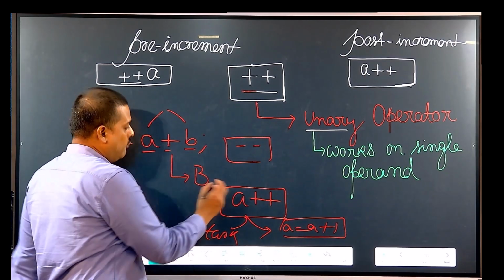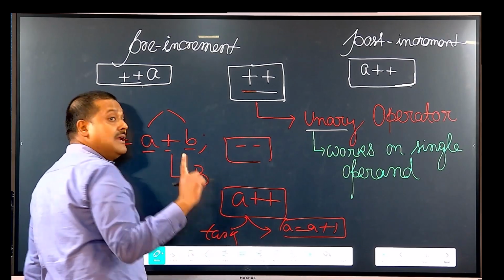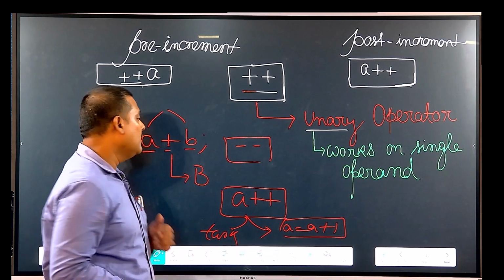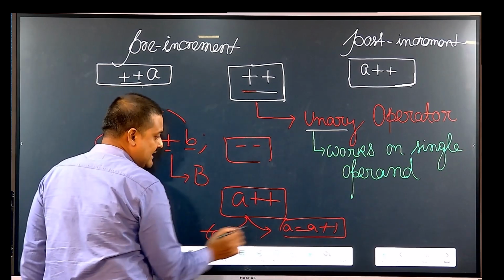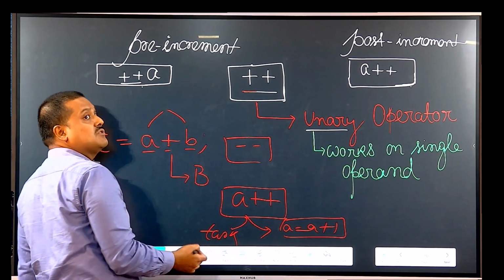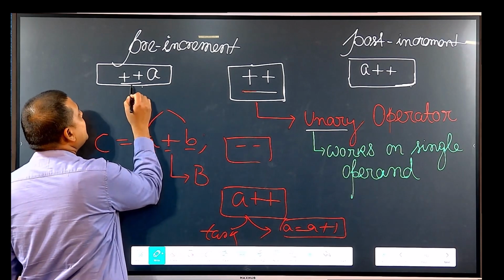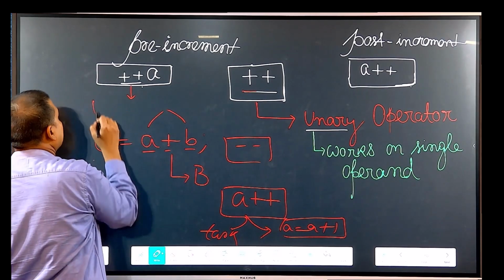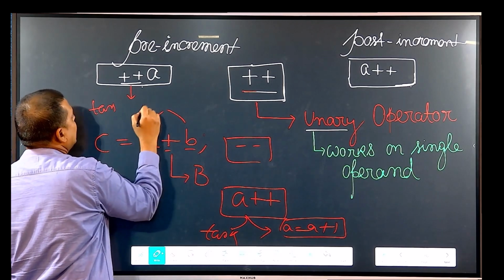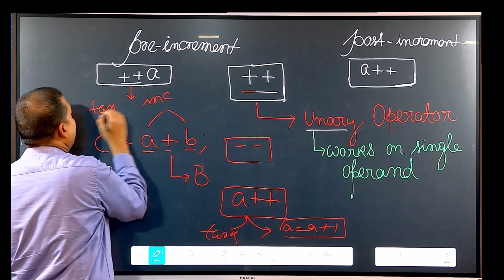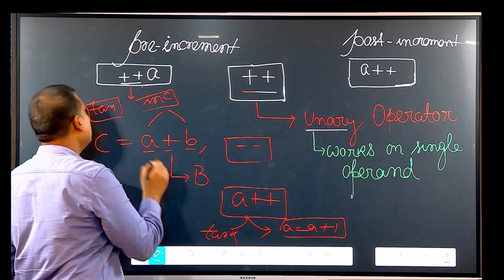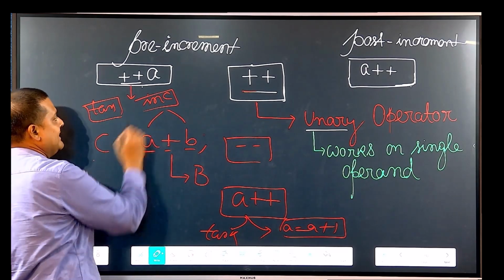As per the time when it will be performed, pre means before and post means after. So, it will be performed after the task, or before the task. If I divide the job of this particular statement, plus plus A, into 2 parts, the first is the task and the second is the increment.